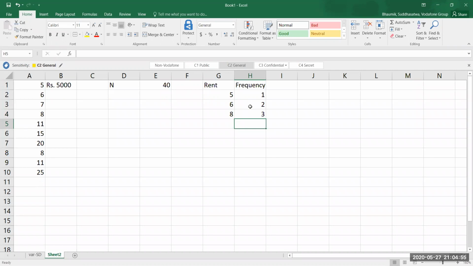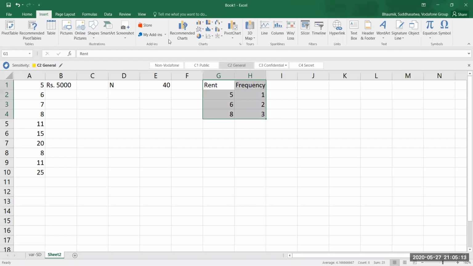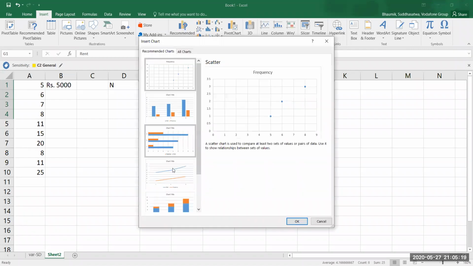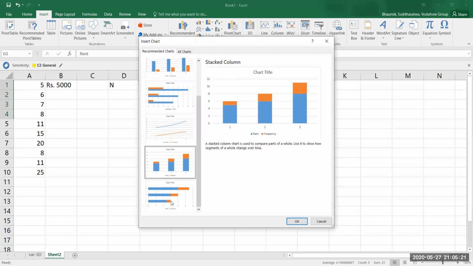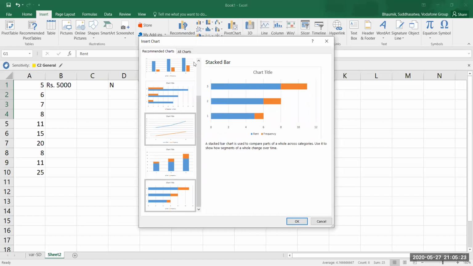Basis this frequency distribution, I can create a diagram which is known as a histogram. This is something that we may have already seen earlier when we were doing the introduction to pandas. So let me try to draw a histogram using the Excel functions. Recommended charts. Let's see if it gives me a histogram. No, it's not giving me a histogram.